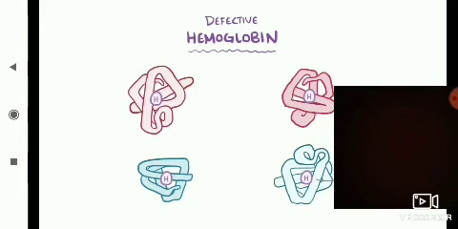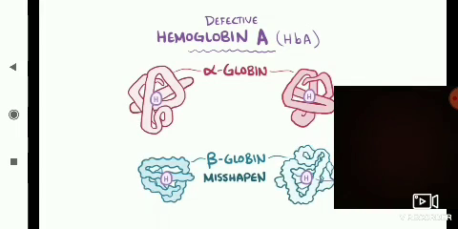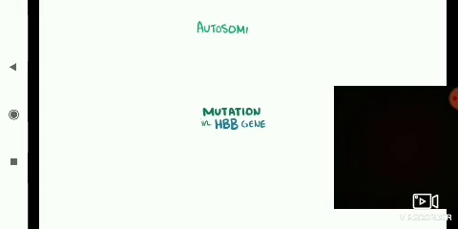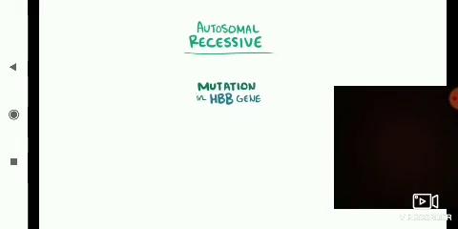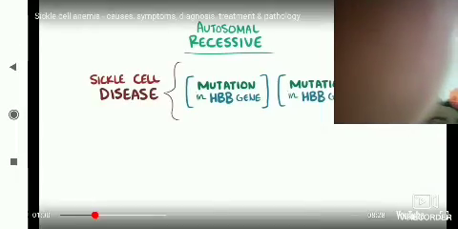Different hemoglobins have different combinations of these chains. Hemoglobin A, or HbA, made up of 2 alpha globin and 2 beta globin peptide chains, is the primary hemoglobin affected in sickle cell. Specifically, the beta globin chains end up misshapen, because of a mutation in the beta globin gene, or HBB gene. Sickle cell is an autosomal recessive disease, so a mutation in both copies of the beta globin gene is needed to get the disease.